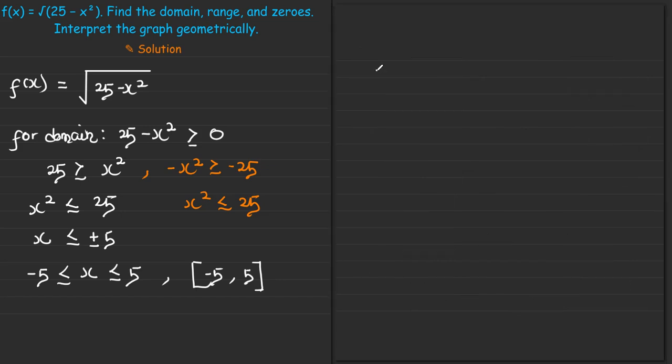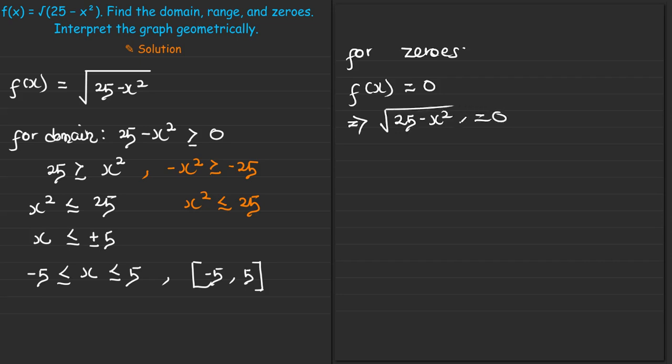Then the last one says we want our zeros. So for zeros, we know the conditions already. For zeros, f of x should be equal to 0. Now, if f of x should be equal to 0, then it simply implies that our function f of x, which is the square root of 25 minus x squared, should be equal to 0.